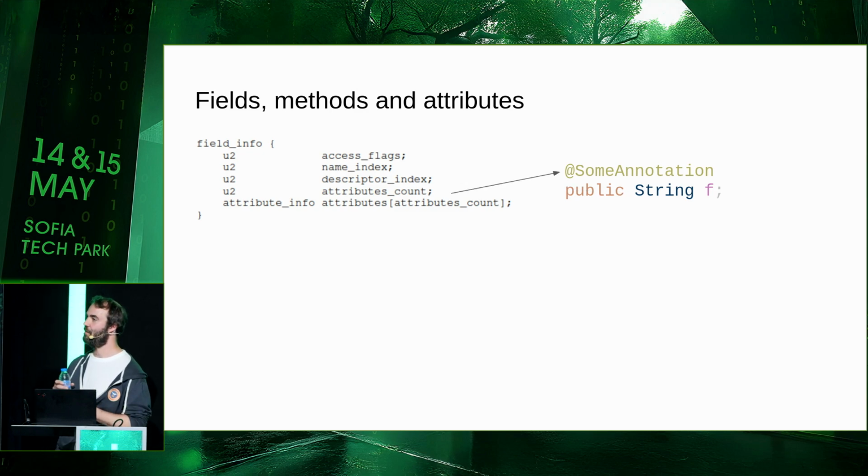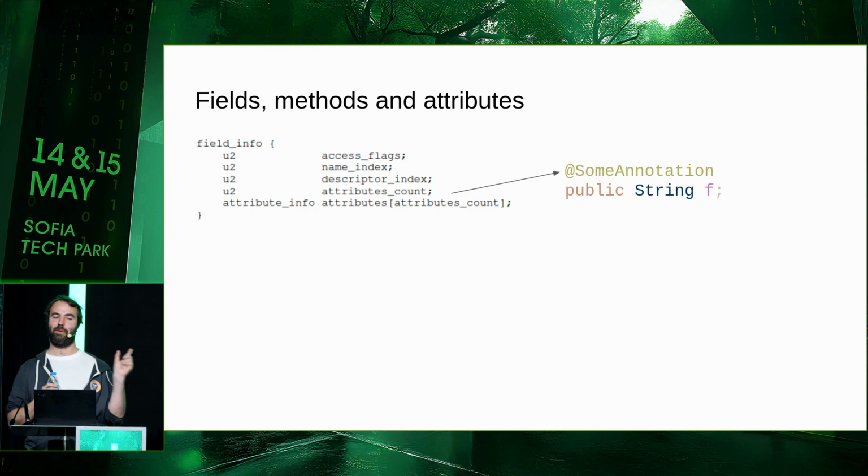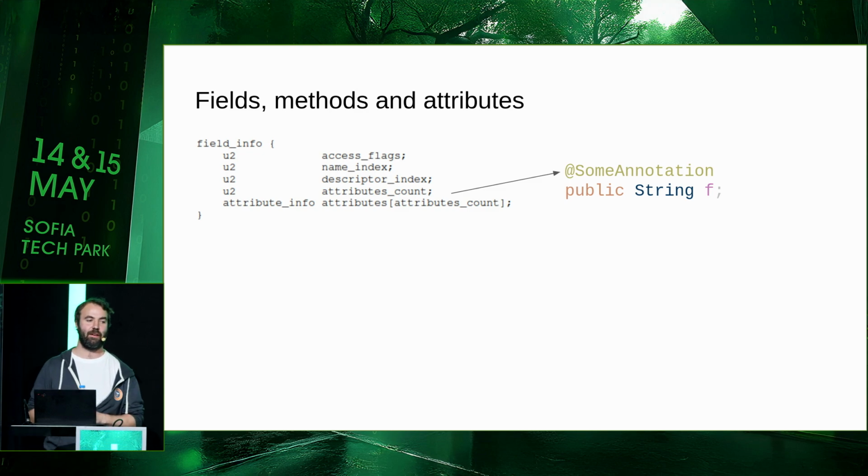If it is annotated, it will have an attribute, and there will be the information about the annotation in there. And again, you have a potential use case. What does an annotation processor do? It won't load the classes and execute code. It will just go through the class file, find the attribute for annotations, and notify the API that something like this was found without even executing anything, right?